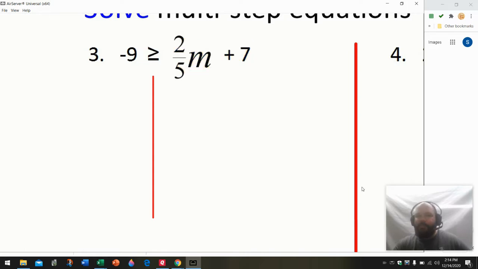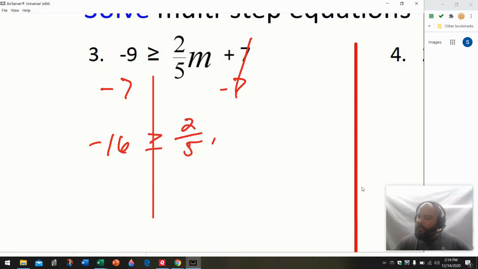So now we can proceed to move things from left to right, or right to left, depending on what we're doing. In this case, we're moving right to left because I'm going to subtract 7 from both sides. When I do that, I get negative 16 is greater than or equal to 2/5 m. Now that 2/5 is multiplying the m, to undo that we would normally do division, but we don't divide fractions. So it's a keep, change, flip problem.